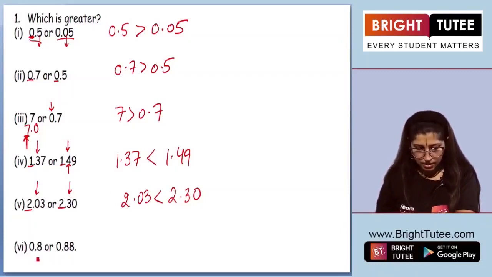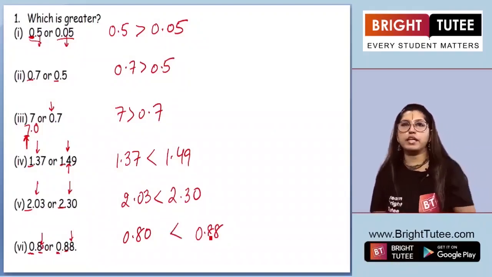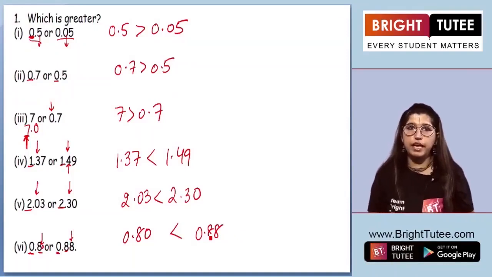Last but not least, the left side is exactly the same, the right side is exactly the same, but after that, we don't have any digit, and here we have 8 with us. So in these kinds of questions, we can say that it is 0.80 and this is 0.88. If I check the last digit over here, 0.88 is greater than 0.80.